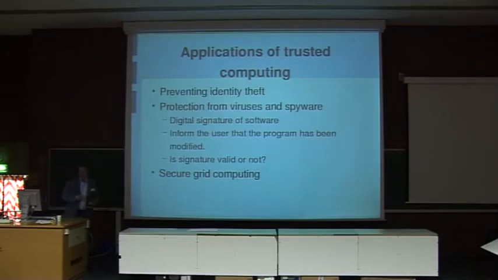Since the TPM is basically a measurement device, you can measure applications, and if the measurement is not equal to the good state of the system, then you can say that this application contains some kind of malware, and you can decide not to run it.